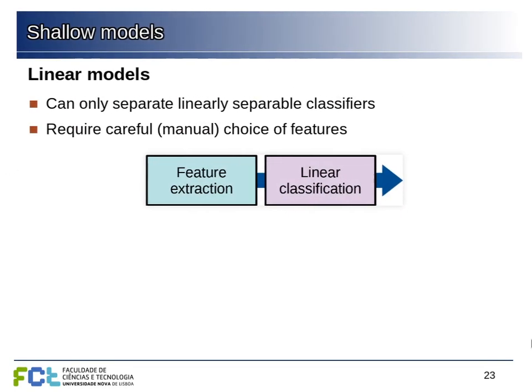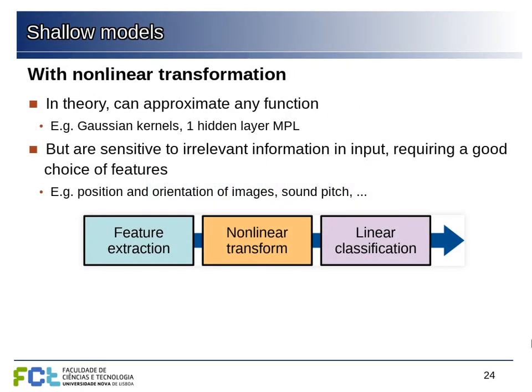So let's do a comparison here between these shallow models, for example, linear classifiers, where we are extracting features, feeding them into a model and doing a linear classification, like in logistic regression, linear regression, things like that. If we have better models like support vector machines, we have this nonlinear transformation, which we can parameterize.